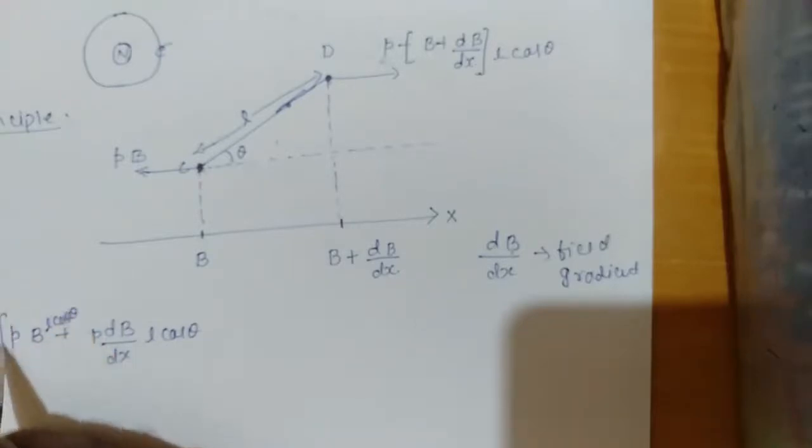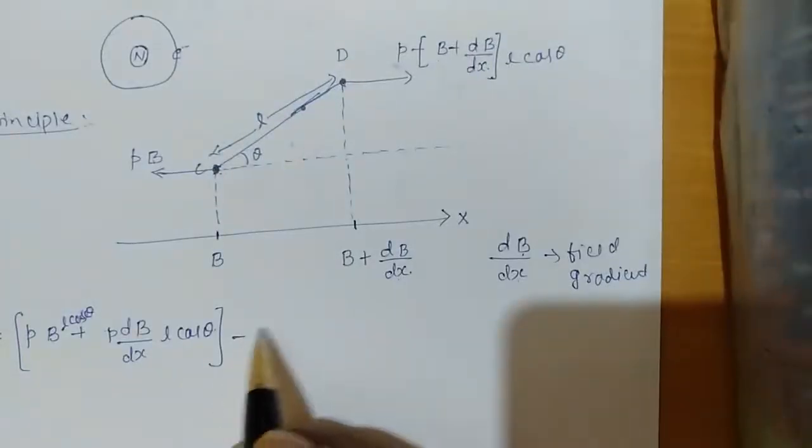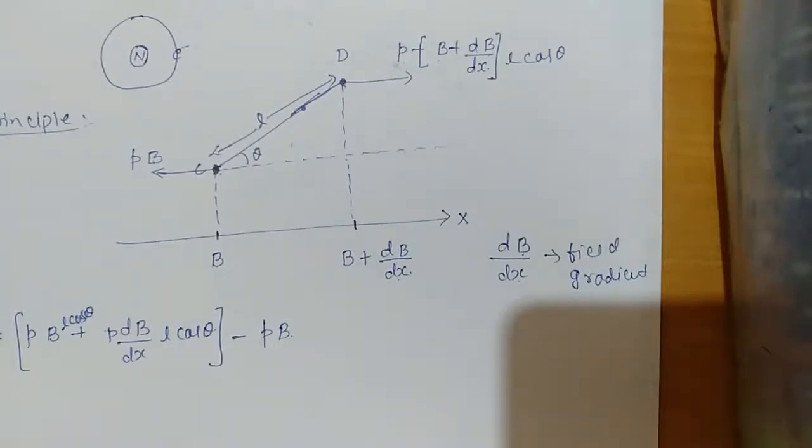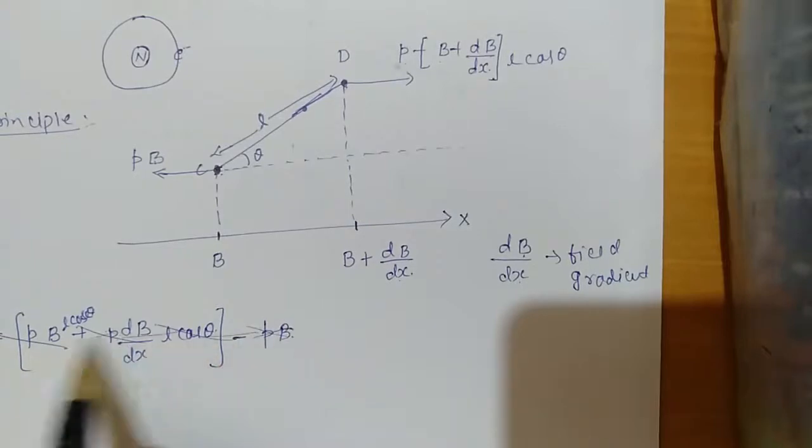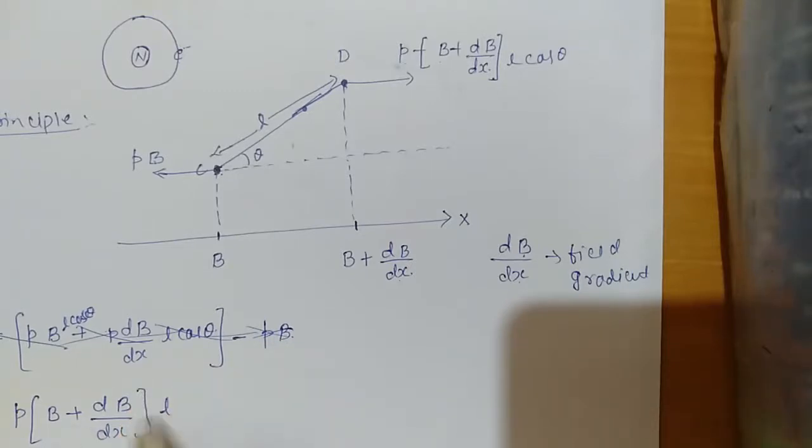Okay, now this is the force at this particular point minus the force at this particular point, that is PB. Now F is equal to P into B plus dB by dx into L cos theta, minus PB.